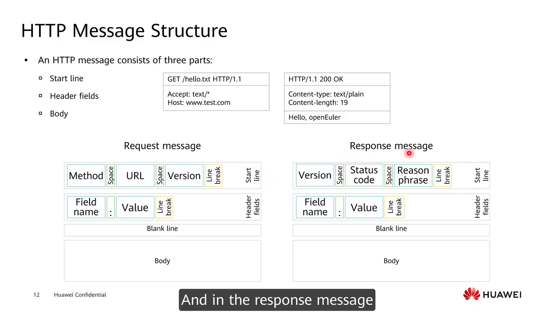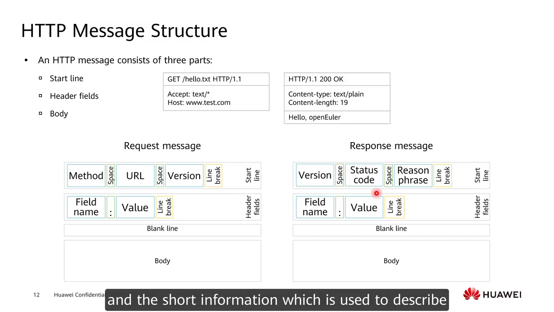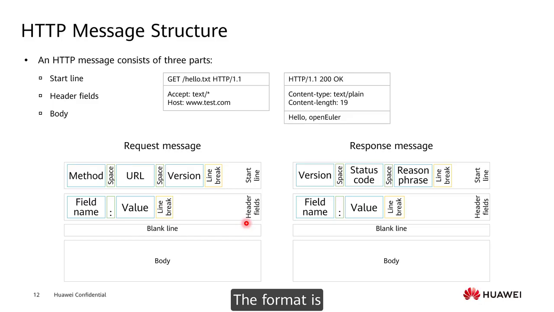And in the response message, it contains the HTTP version, the status code, and the short information which is used to describe what happened in response to the request. And the header field can be empty or contain multiple fields. The format is field name, colon, value.